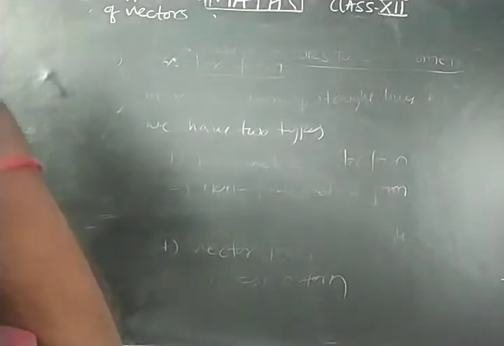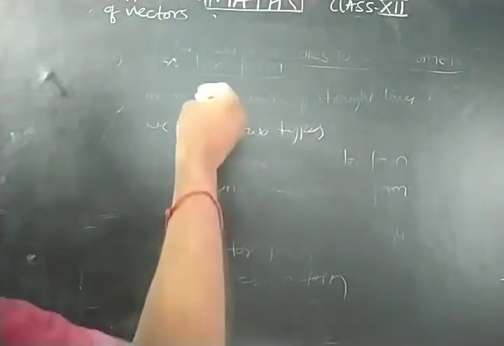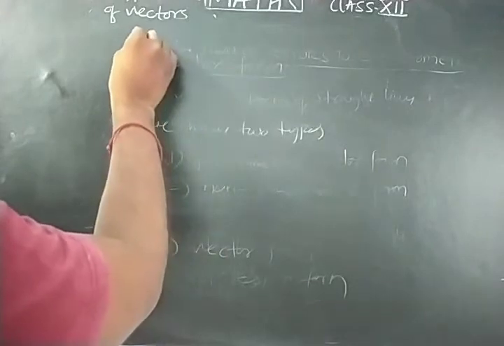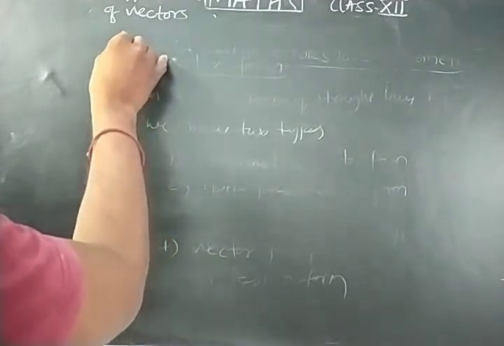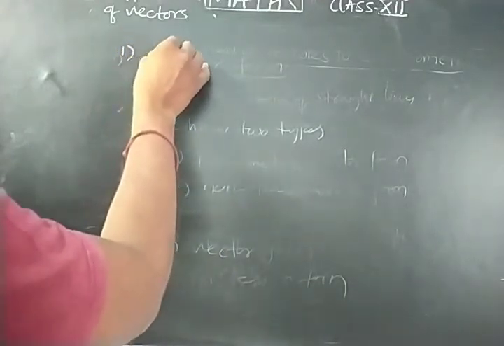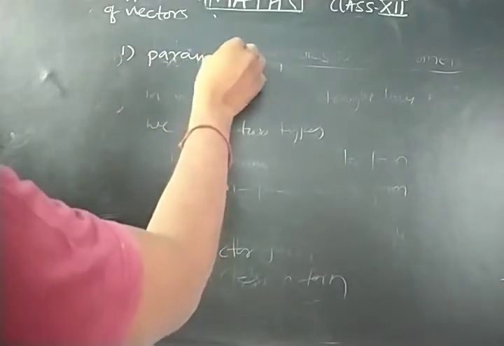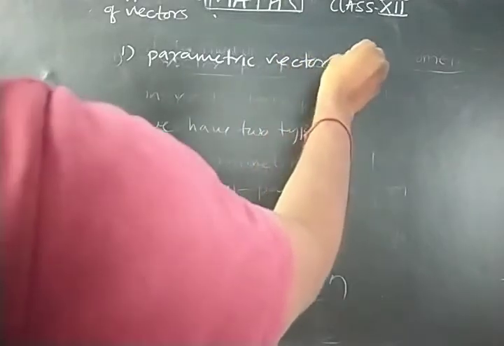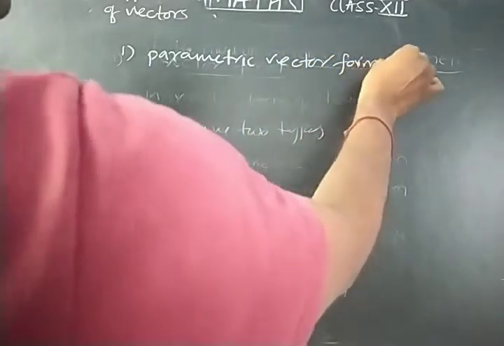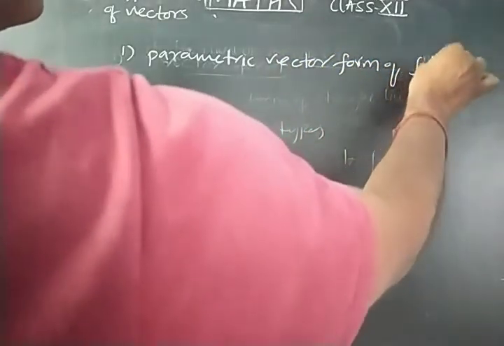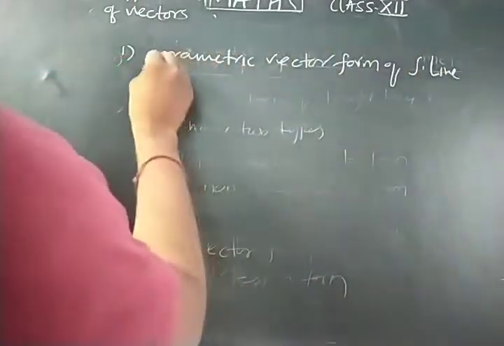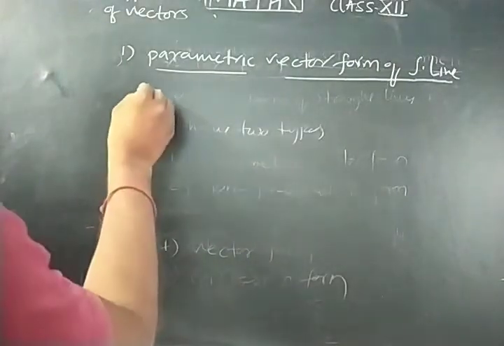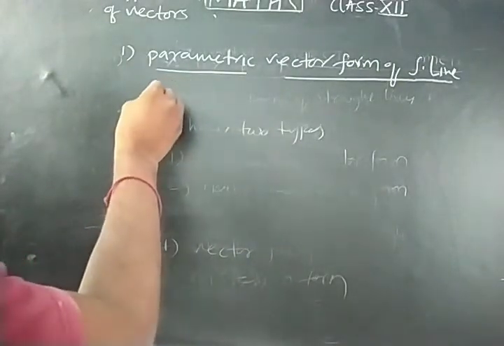First one, the parametric vector form of the straight line. I am deriving the parametric form of the straight line. Let me write what the form is.